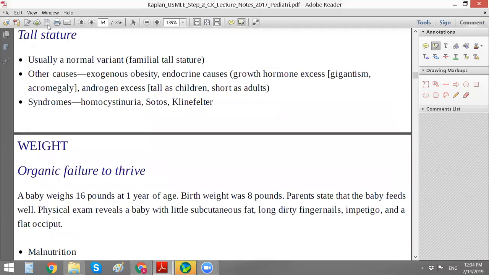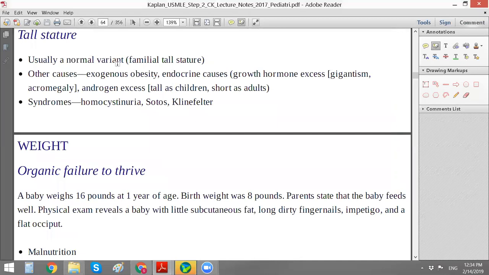Tall stature is usually a normal variant, familial tall stature. Other causes are exogenous obesity, endocrine causes, growth hormone excess, gigantism, and acromegaly. Androgen excess.